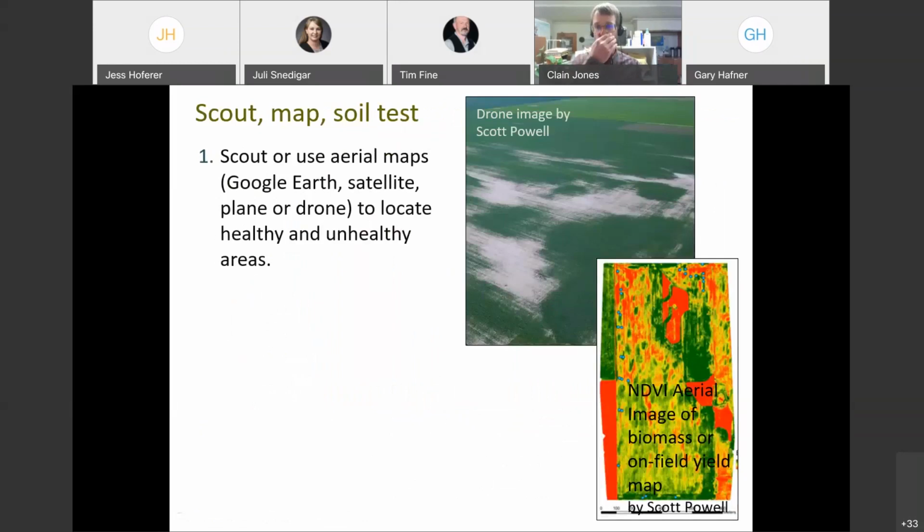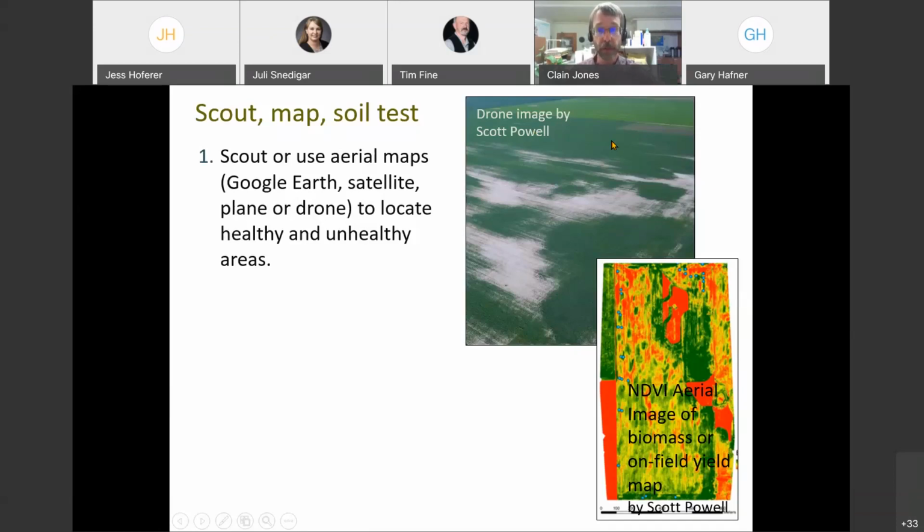So what do I recommend that crop advisors and producers do? One would be to scout, to map, and do a soil test. By using aerial imagery, just regular photography, say from a drone or from Google Earth, or from NDVI, which is an index that can be used from drones or satellites, it shows some pretty dramatic differences in color on acidified fields.